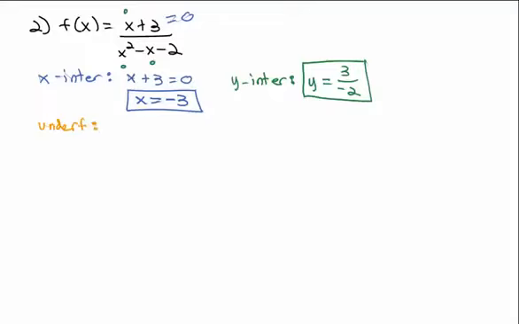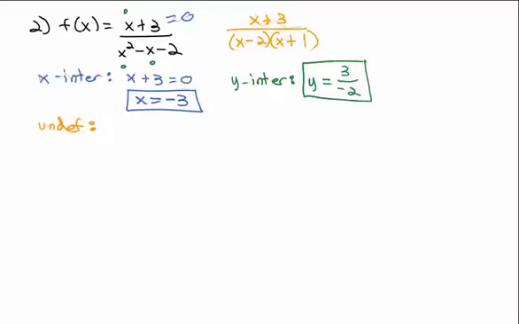Undefined points. To find our undefined points, first we'll need to factor that denominator. Let's just rewrite it factored here: x plus 3 over, x squared is x times x, negative 2 is negative 2 times positive 1.